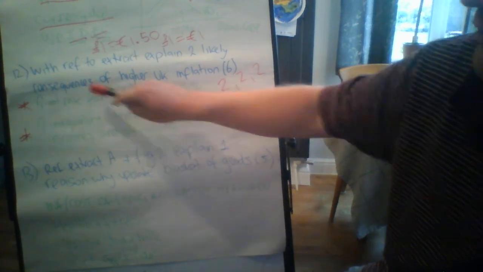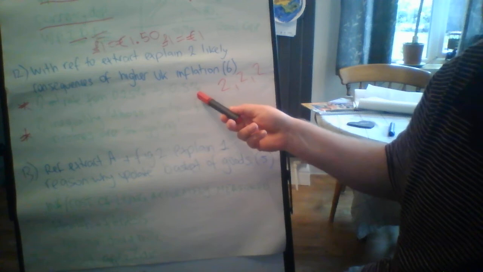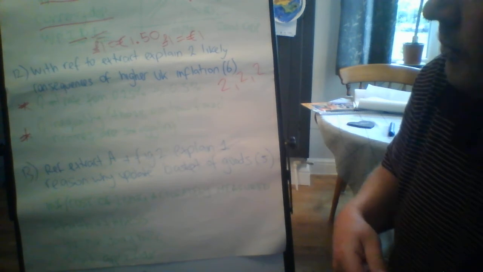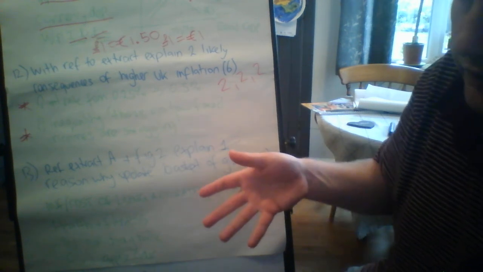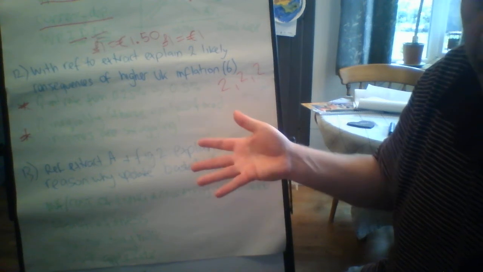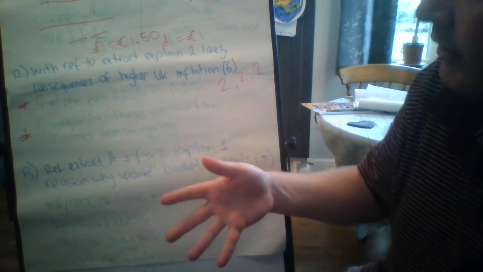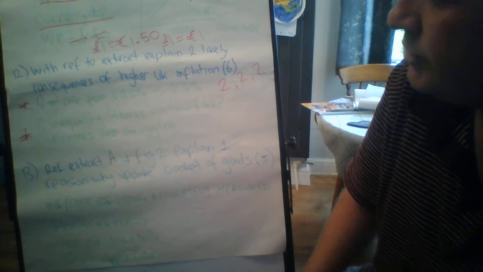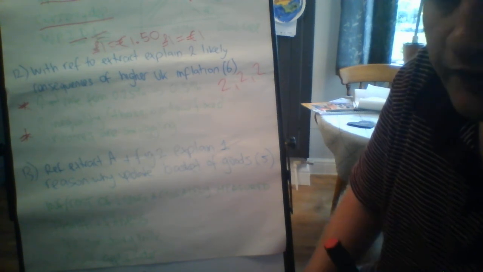Now, we've then got to explain what the consequence of those should be. Well, as interest rates start to increase, the logic will be there will be an increase in the cost of borrowing for households and firms, which should lead to less consumption and less investment taking place due to reduced willingness and ability to borrow. But also consumption should also fall due to the higher returns available for savers.